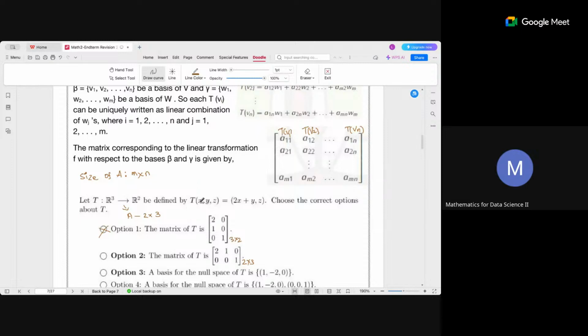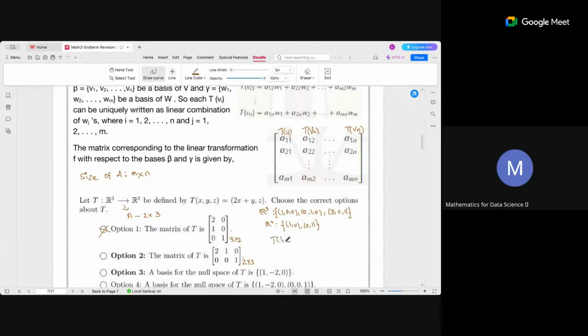Whenever you are not given any basis, it is assumed that we are considering the standard ordered basis. So what is the standard ordered basis for R3? It is (1, 0, 0), (0, 1, 0), (0, 0, 1). And for R2 it is (1, 0), (0, 1).